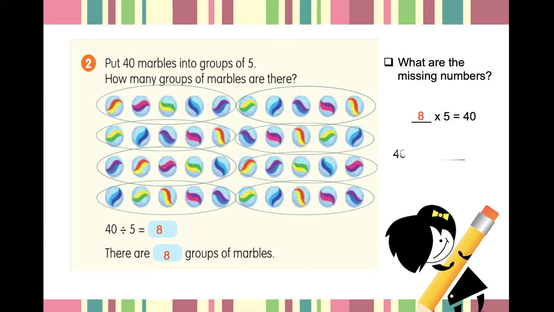And now, can you guess this? When you divide the 40 marbles into groups of 5, how many groups will you get? Excellent. So there you are. You will get 8 groups. So when you are dividing these 40 marbles into groups of 5, you will be getting 8 groups.